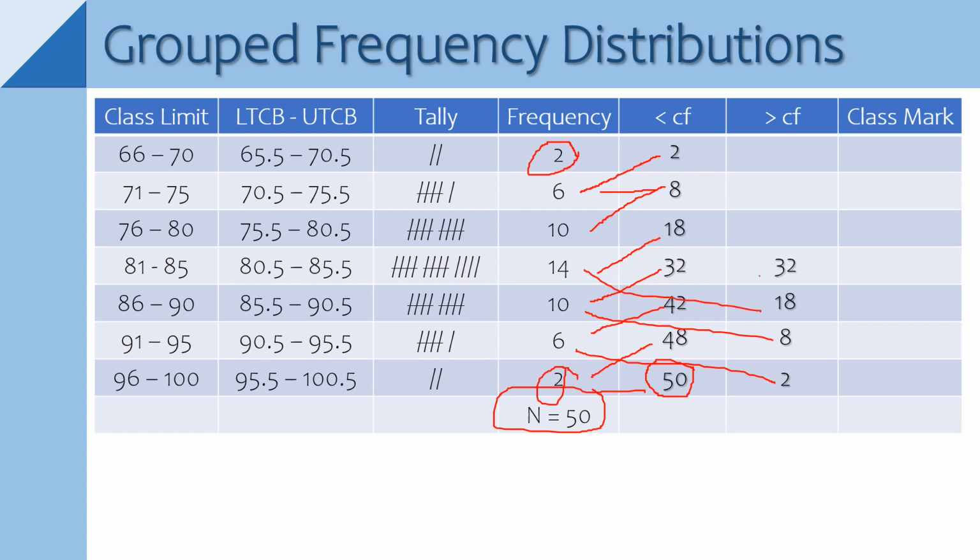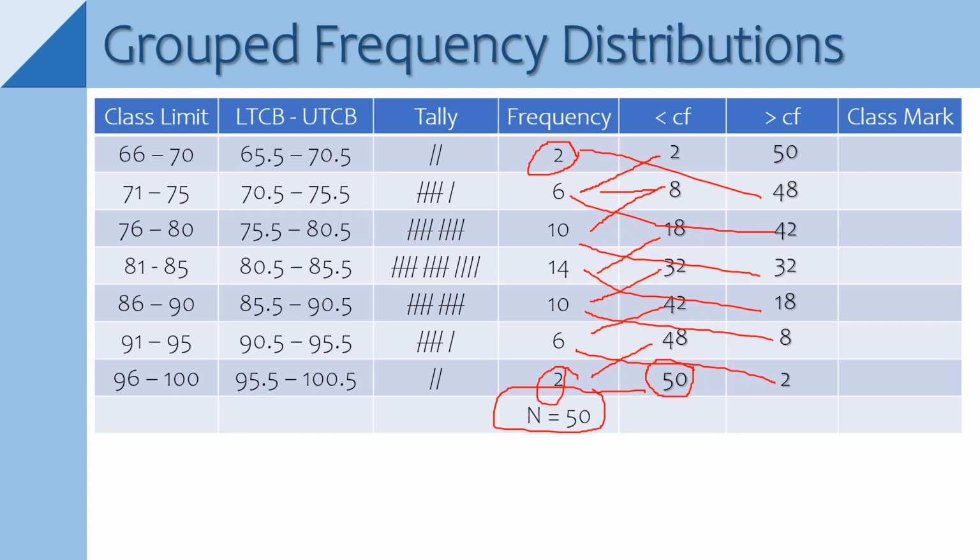So you have 32. 32 plus 10. We have 42. 42 plus 6. So that is 48. And then 48 plus 2, we have 50. Okay, so that is how for the greater than cumulative frequency. And then last one is the class mark.